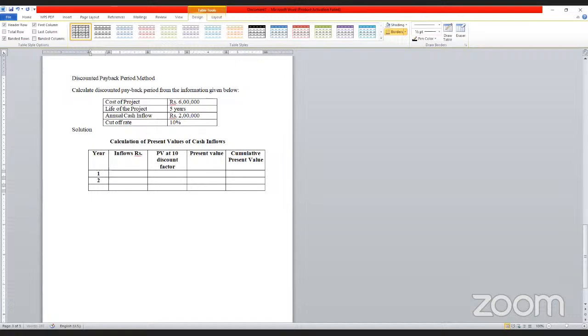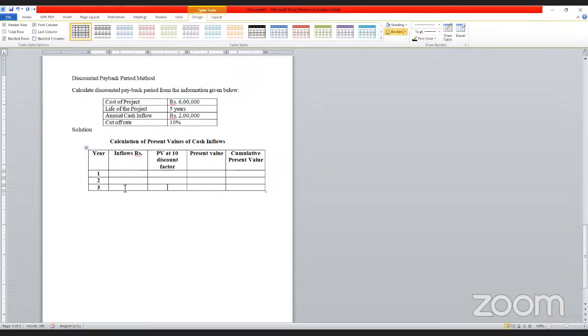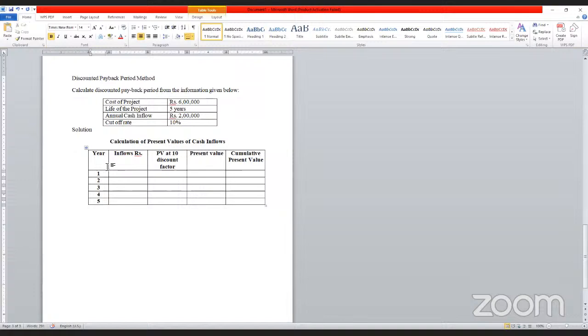Years, you take down 1, 2, 3, 4 and 5. We have a total of 5 years. Cash inflows, annual inflows, are 2 lakhs per annum. So for all the 5 years you need to take 2 lakhs.